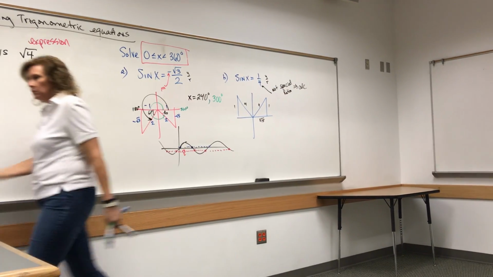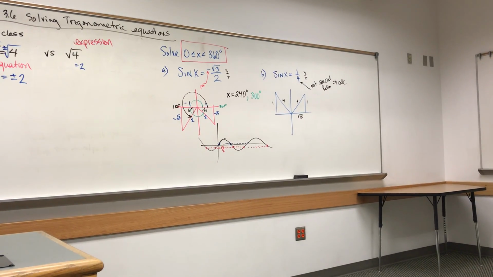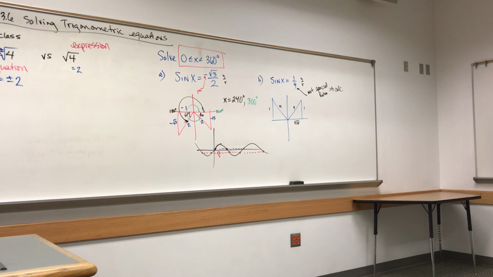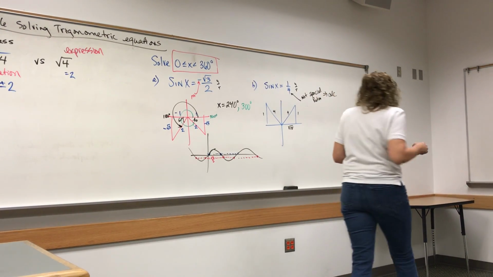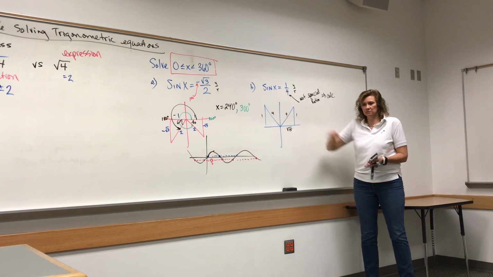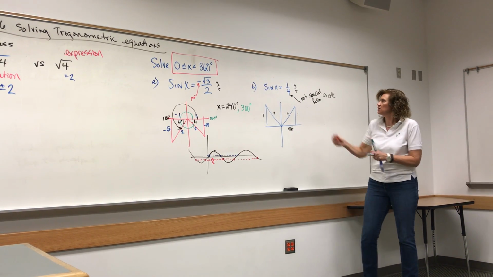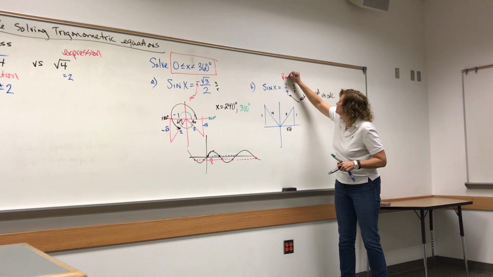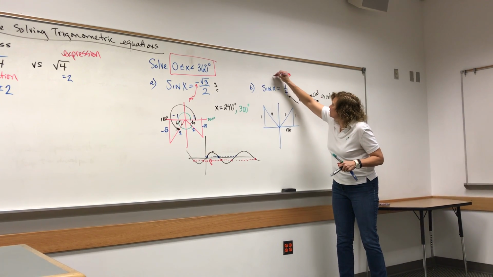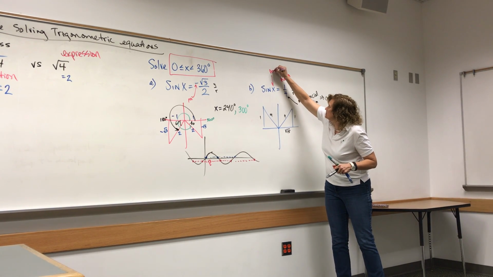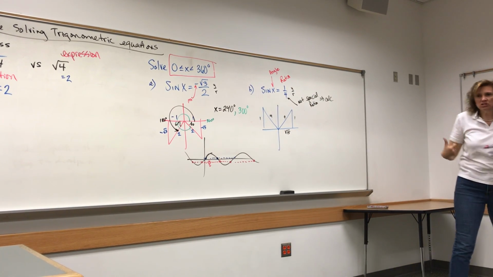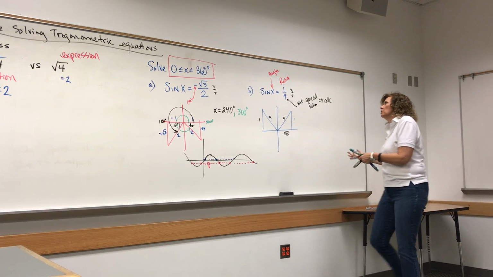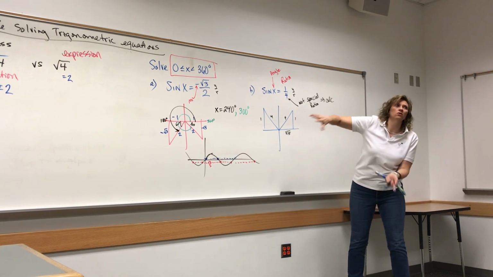This is the reason why you're going to have your calculator on your test. I'm not going to take the sine of 1/4. 1/4 is my what? Ratio. And I want the angle. I take the sine of angles and get ratios. If I have the ratio, what can I use to get the angle?